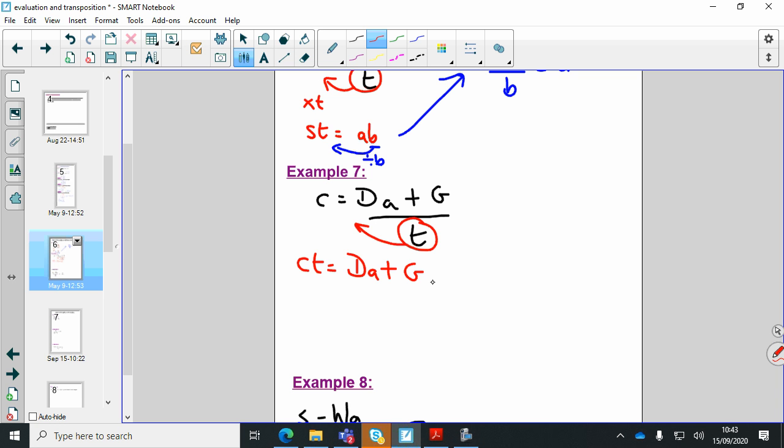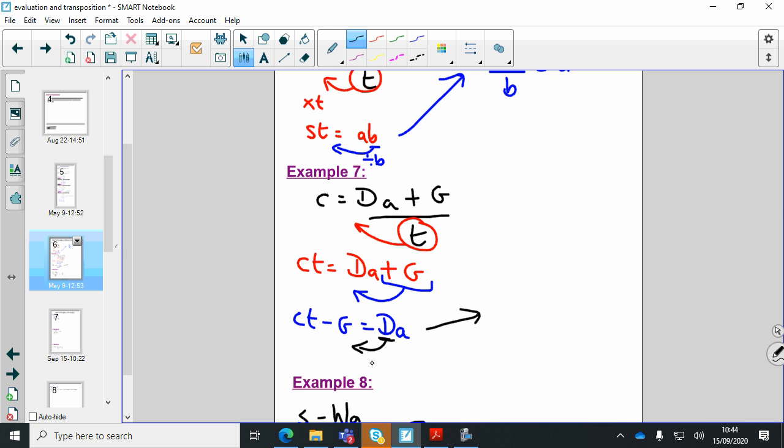Okay, we then need to make sure that we're choosing the right step. So the D is closest to A, so leave that till the end. We can then take this plus G, and if we take it to the left hand side, that's now going to become minus G. And then finally, the D is multiplying the A, so that is going to come across here, and it's going to divide that side.